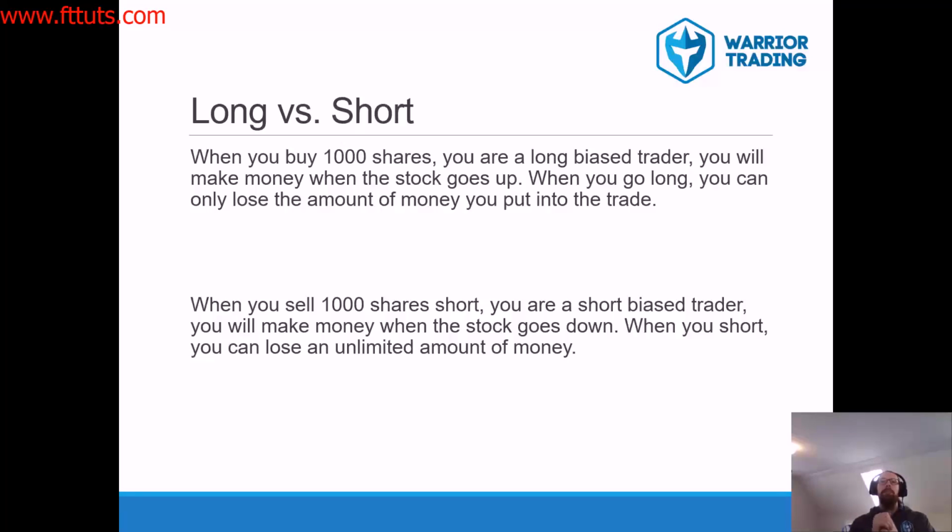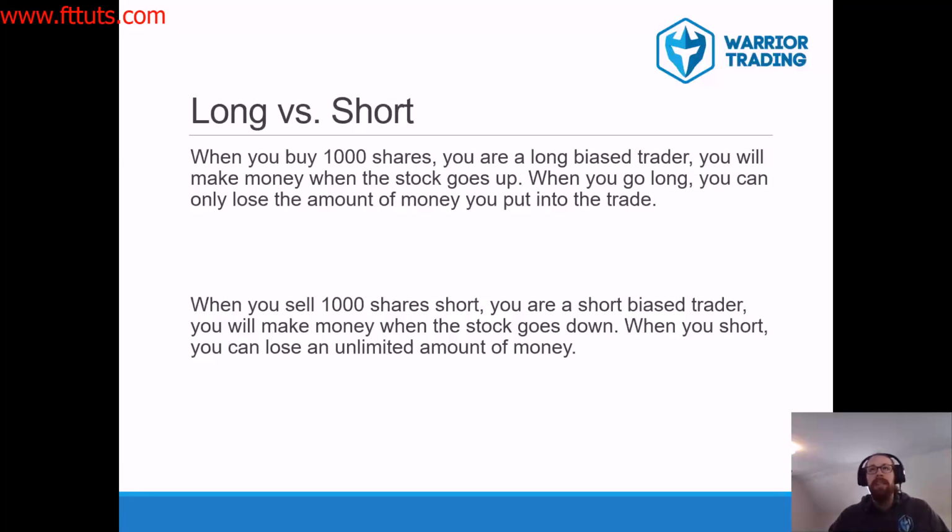But what happens if the stock goes up to $20? Well, you're down 10,000 bucks. What happens if it goes to $30? You're down $20,000. What happens if it goes to 40, to 50, to 60, to 70, to 80, to 90, to $100 a share? You're down $90,000.